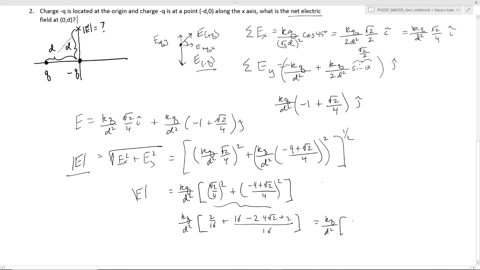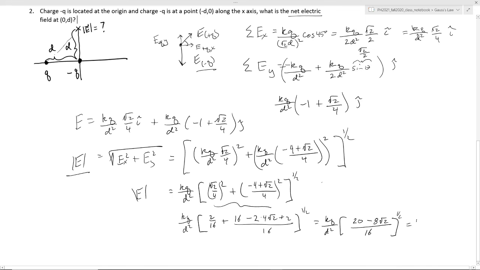Let's see, 18, 20. We'd have a 20 minus 8 root 2 over 16. You can see we could, oh, I forgot our square root here. We could divide out a factor of 4 out of all this stuff.